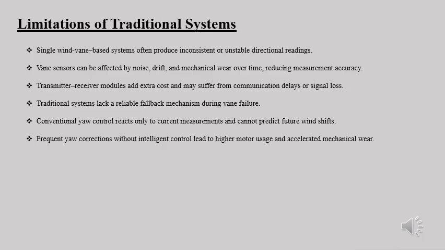This constant back and forth rotation results in higher motor usage and faster mechanical wear on the turbine components. In contrast, the AI-based smart air control system developed in this project overcomes all these limitations through multi-source sensing, predictive intelligence, and automatic fallback logic, ensuring continuous and reliable air alignment.